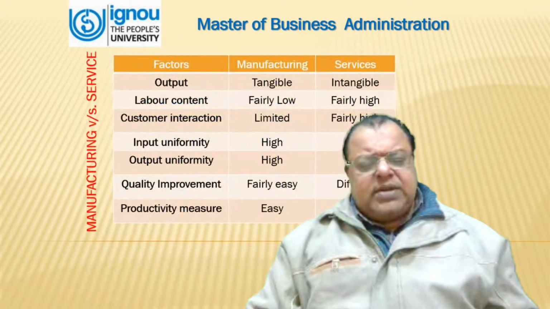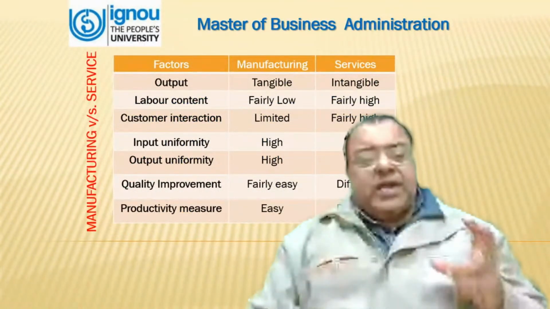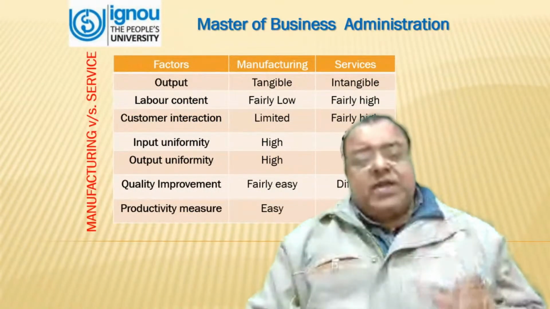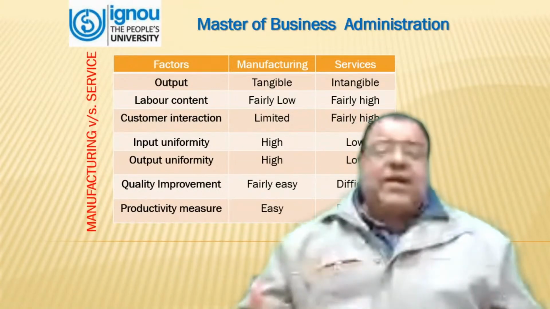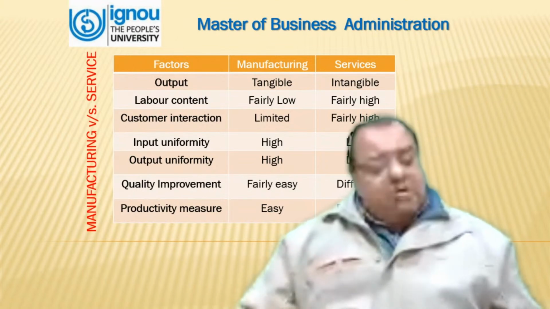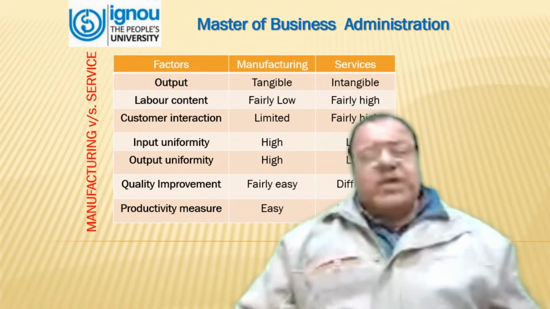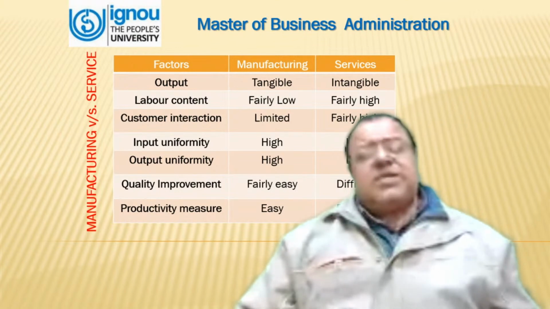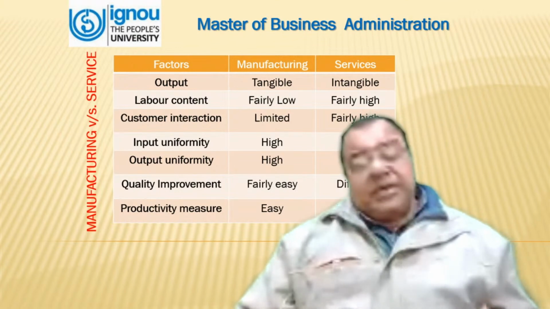Now, we can see over here what are the factors which are responsible for manufacturing and services industry both. If we talk about output, in manufacturing units it is tangible, but in service industry it is intangible.